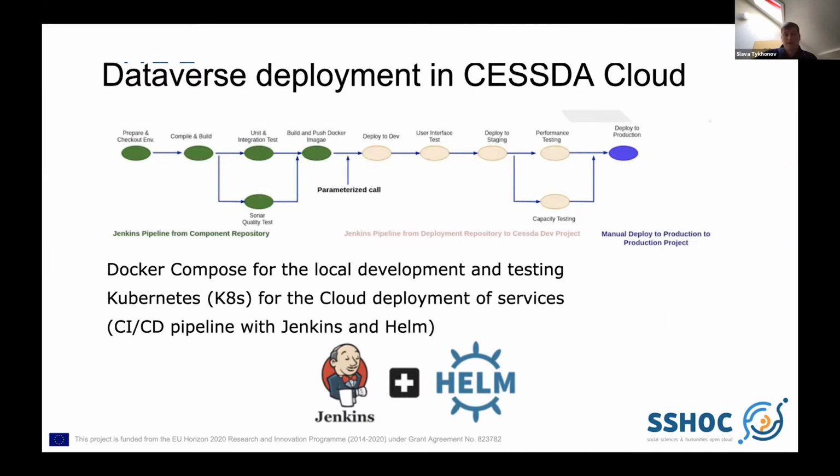The idea for CESSDA is that we will use a continuous integration and deployment pipeline in production, with Jenkins and Helm. We are now working on Helm deployment, and all of this will be available for all people from the EOSC community and also for people from outside. So you can just get our stuff installed in your place, and we can also provide some maintenance and support for this.